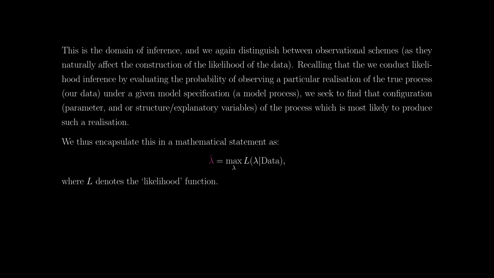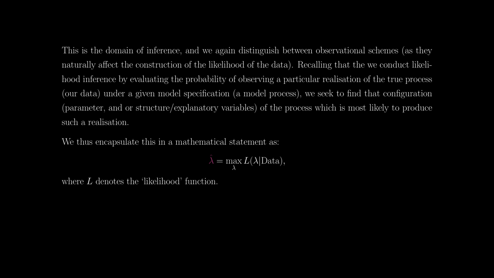And again, we distinguish between observational schemes as they naturally affect the construction of the likelihood of the data. Now, recalling that we conduct likelihood inference by evaluating the probability of observing a particular realization of the process, in this case our data, under a given model specification, we seek to find that configuration, which might be parameters and/or structure or explanatory variables of the process, which is most likely to produce such a realization, i.e. that which we see.